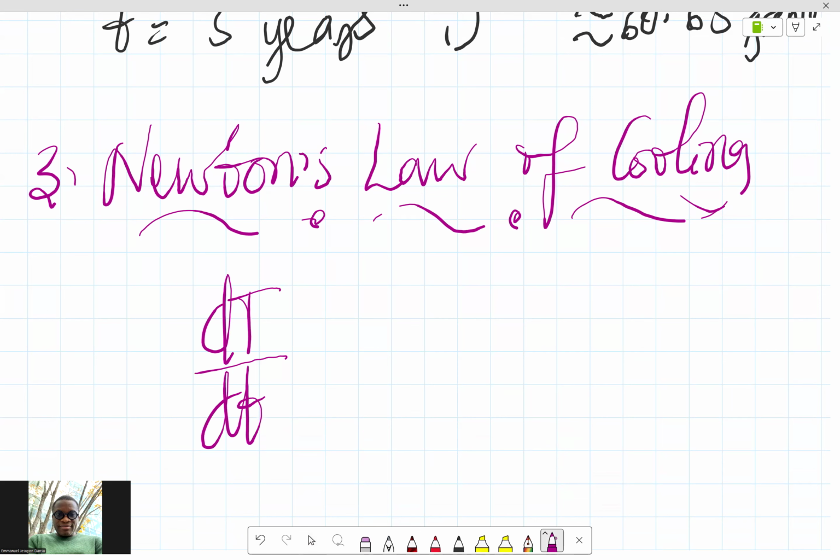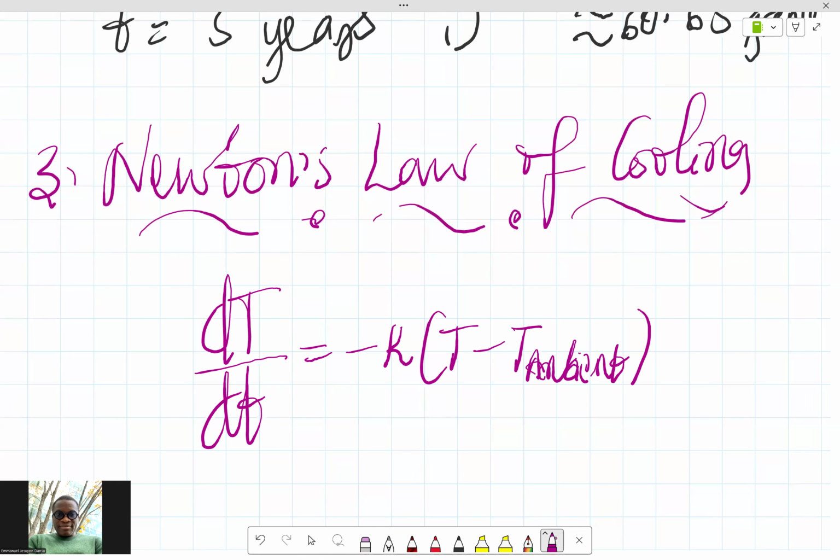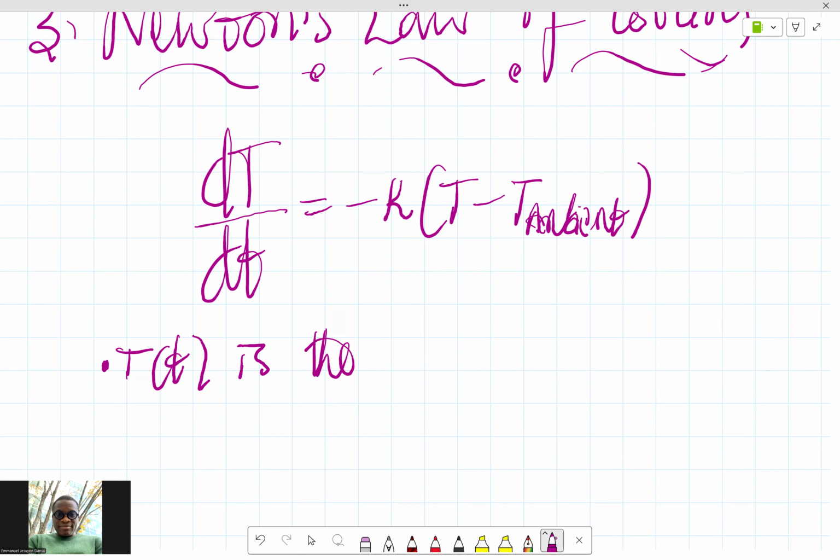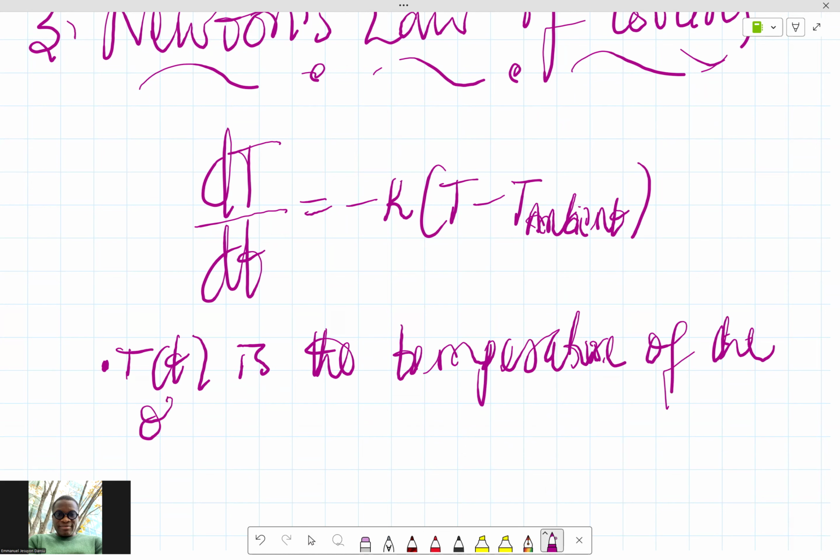dT/dt. So the rate of change of temperature of the object that has been brought into an environment with a different temperature will be minus K into T minus T ambient. T ambient is the temperature of the environment, while T itself, the first T, is the temperature of the object. Here T of t is the temperature of the object at time t.